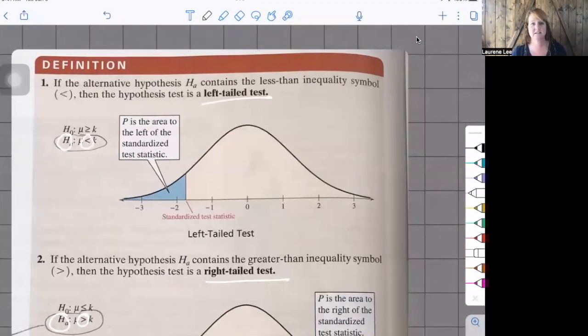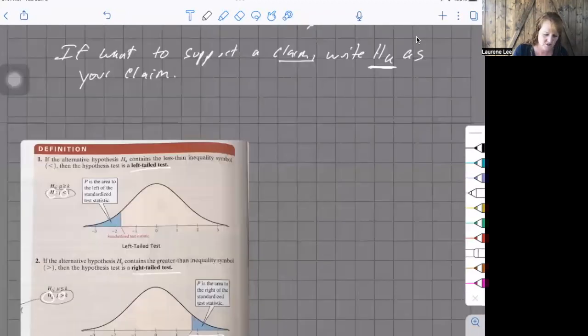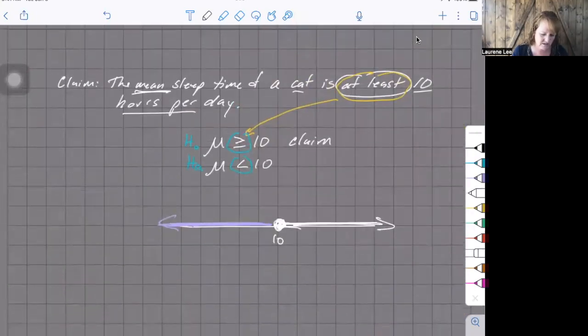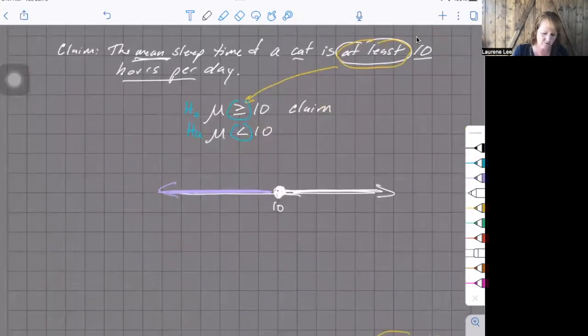So the last thing that you're going to do in this section is decide which kind of tail test this is. So if we go back up to our problems and work through those again, our last step would be to say, hey, because HA points to the left, this is going to be a left tail test.